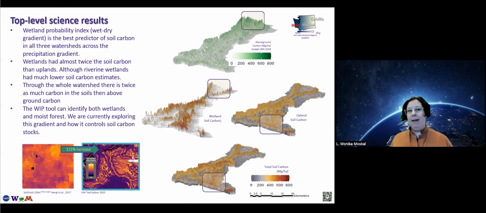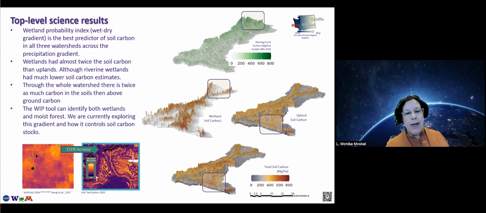So what this is telling us is that 1 to 2 relationship is false, and we have to be really careful because we're probably under accounting below ground carbon when we use that particular relationship.